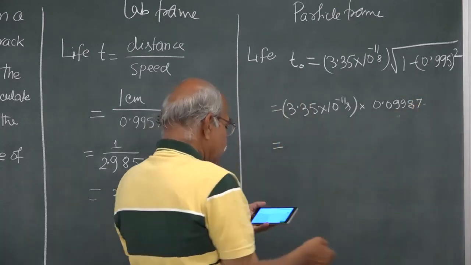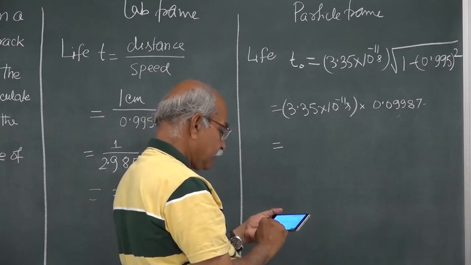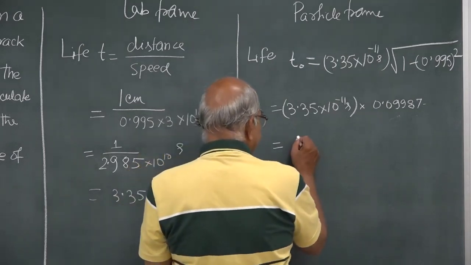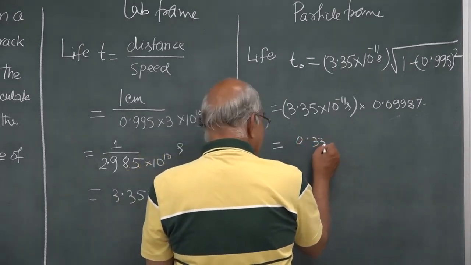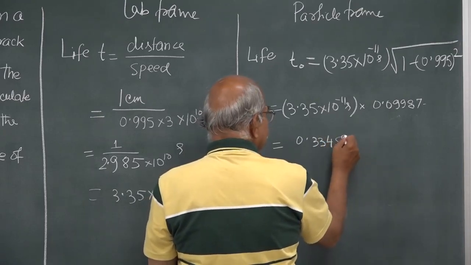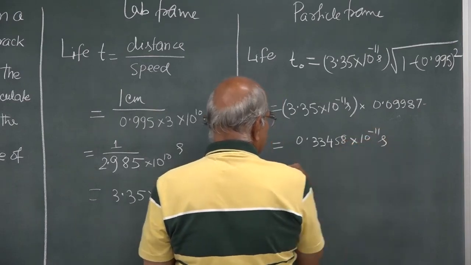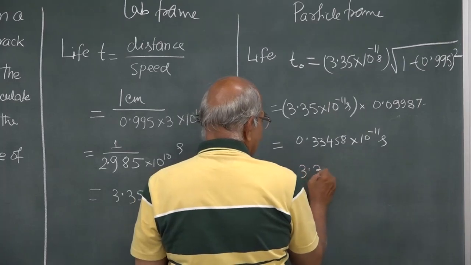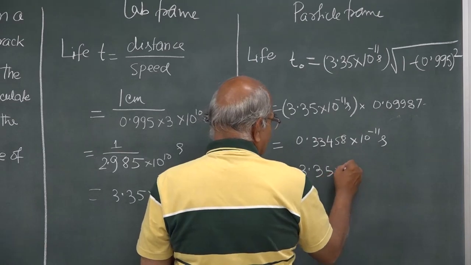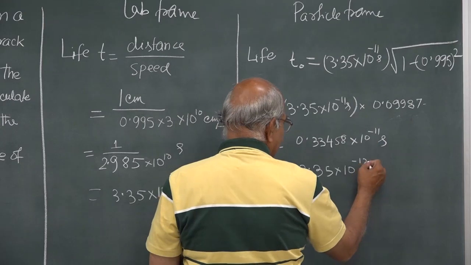If you multiply this by 3.35, it is 0.334, like that, 58, and that into 10 power minus 11 second. Or you can write it as 3.35 if you want to round it off, into 10 to the power minus, you have multiplied, so you have to divide, minus 12 seconds.